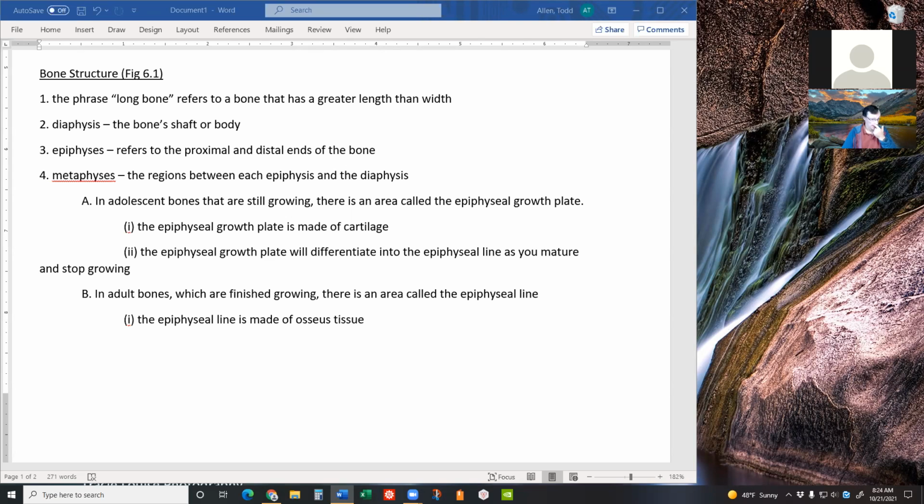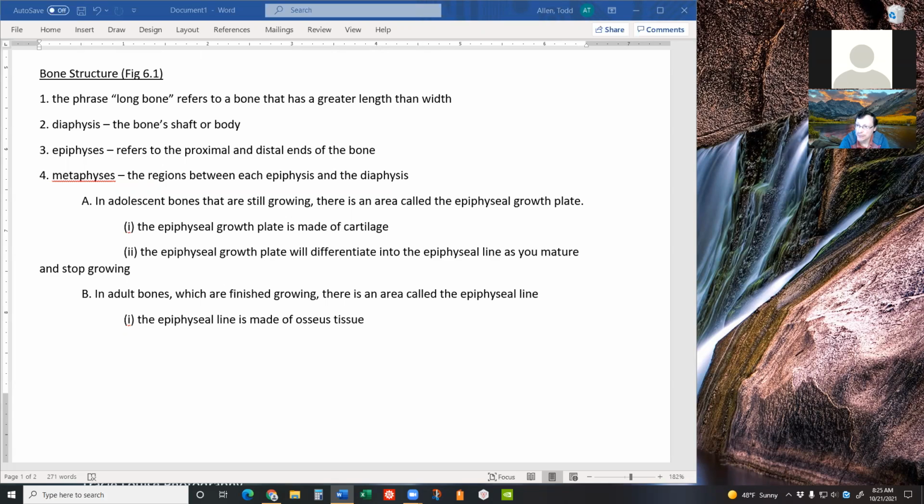Okay, so if you were a crime scene investigator, if you were a forensic scientist, you might find a skeleton. Somebody might have been killed or murdered, and you might find a bone.